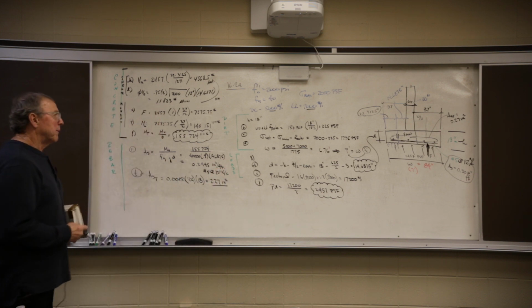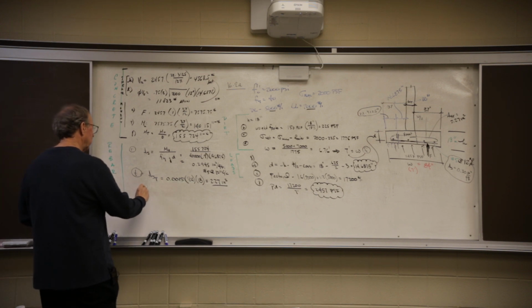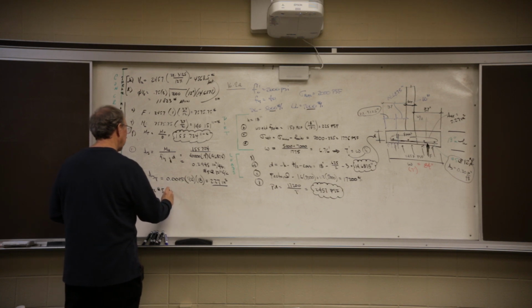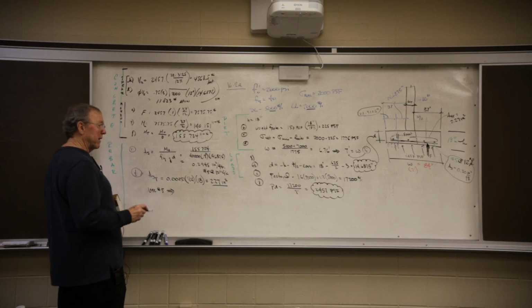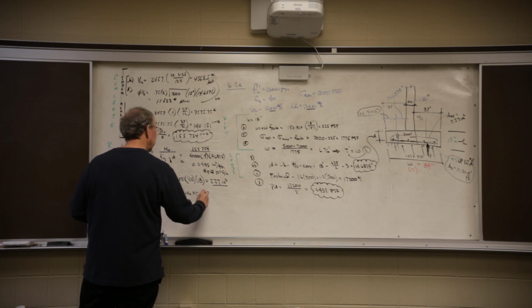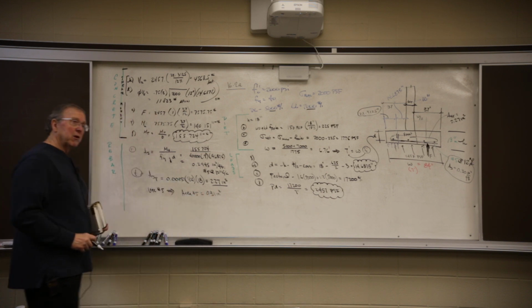Now, I'm going to use number 5s for the longitudinal. If you go to the table on page 416, you're going to find out that the area of a number 5 is 0.31 square inches.